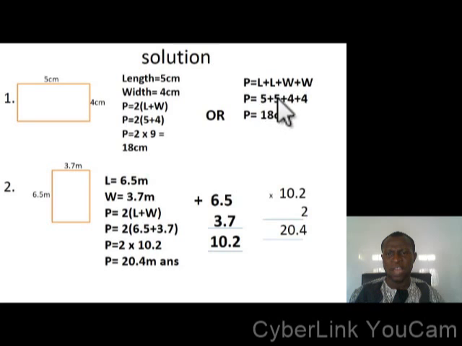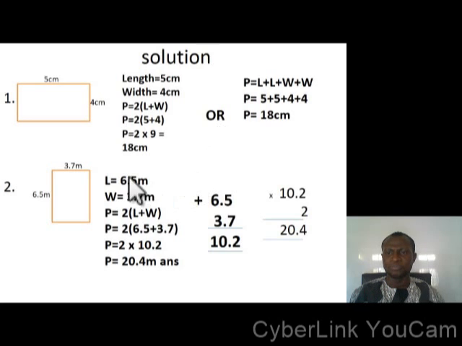That's 5 plus 5 plus 4 plus 4. That will give us the same answer as what? 18. But during the exam, I don't need this or. Solve with one formula. Okay, just use one out of the 2 methods that we utilized there.